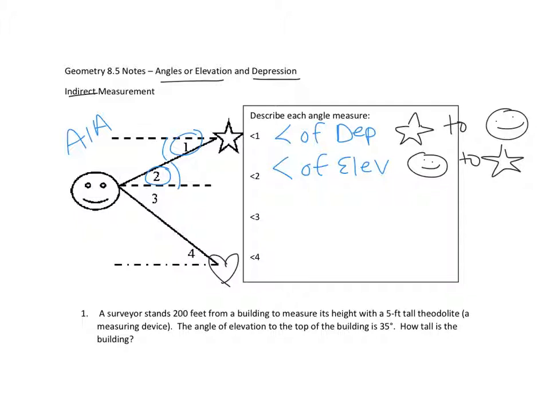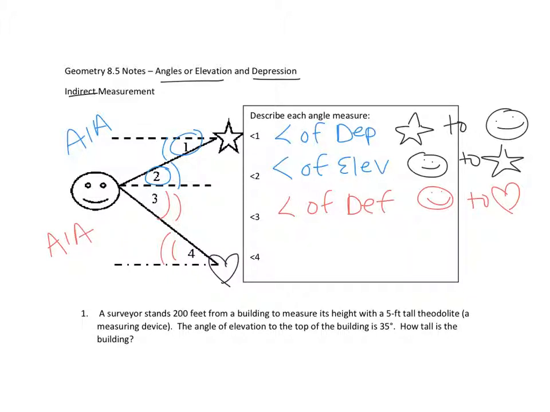Angle 3, it's touching the horizon, but it's going down. So this is an angle of depression from the smiley face to the heart. Angle 3 is congruent to angle 4 because of alternate interior angles.